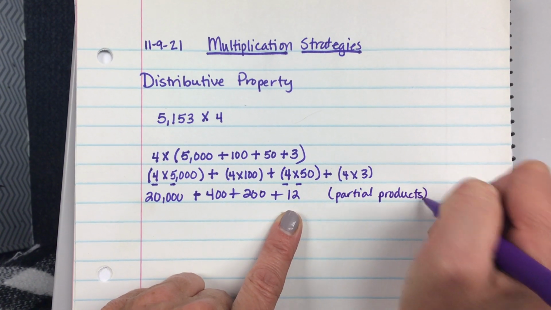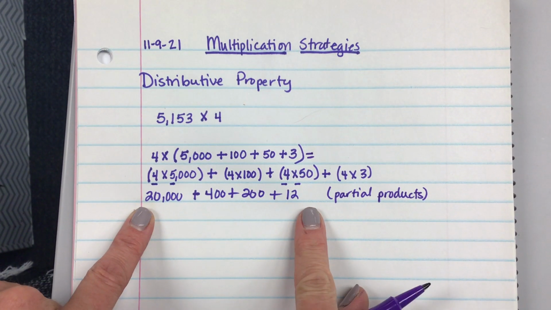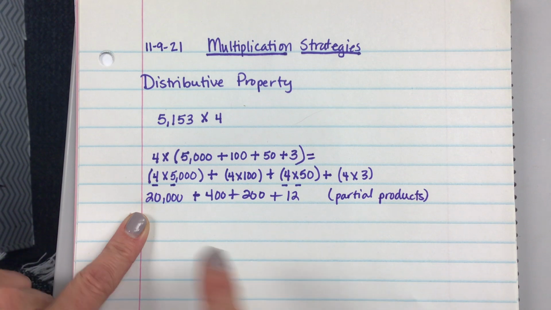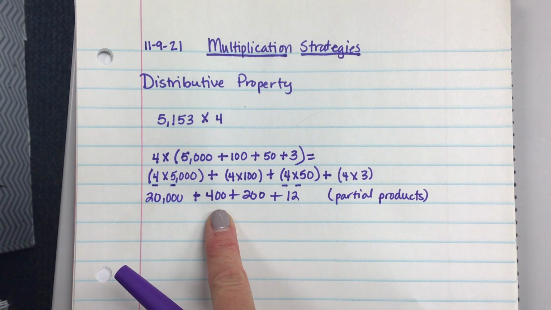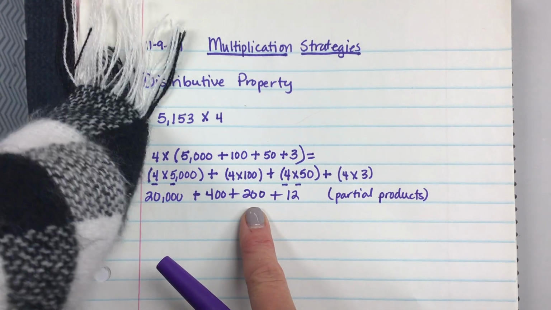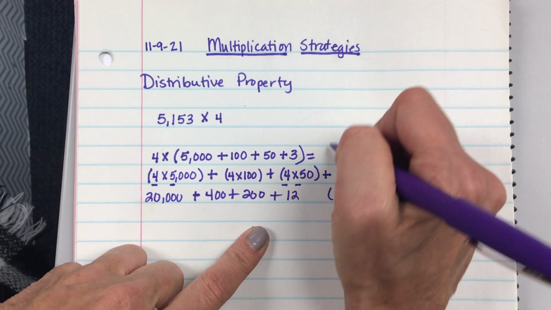And in order to get our total product, or what this is equal to, I need to add together my partial products. Now, you may be able to do that in your head. 20,000 plus 400 is 20,400, plus another 200 is 20,600, plus another 12 is 20,612.